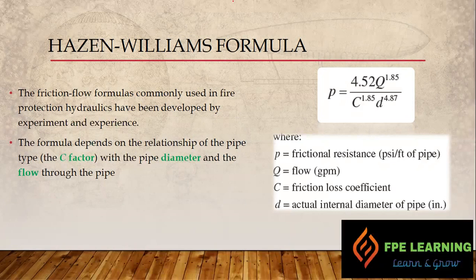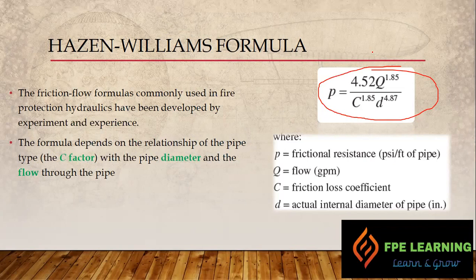If you can see the formula, P equals 4.52 into Q to the power 1.85 over C to the power 1.85 into D to the power 4.87, right? We have the frictional loss depending on the flow, the C factor, and the diameter.